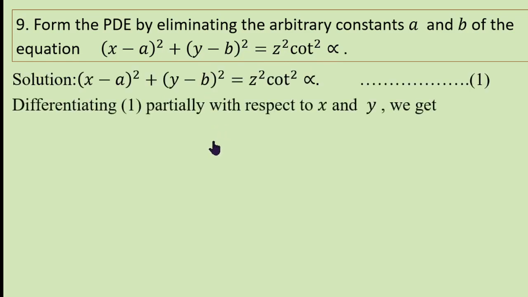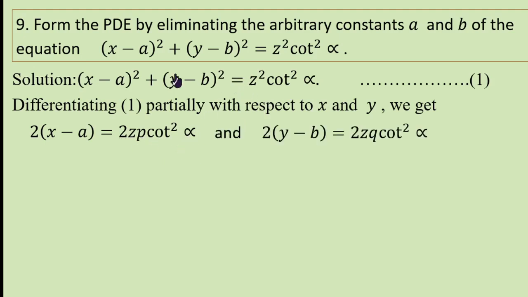Now differentiating partially with respect to x and y, we get 2 into (x minus a) equal to 2z into ∂z/∂x, that is p, cot square alpha, that is constant. So 2zp cot square alpha. And similarly 2 times (y minus b) equal to 2zq into cot square alpha. Z square derivative with respect to y is 2z into ∂z/∂y, that is q.